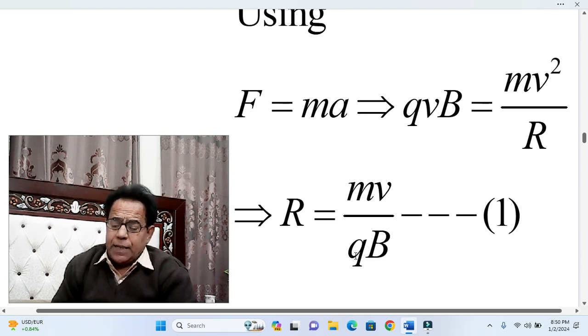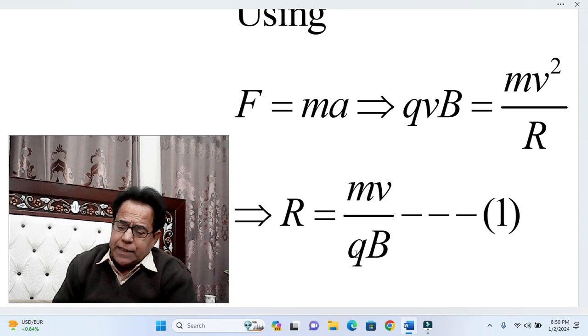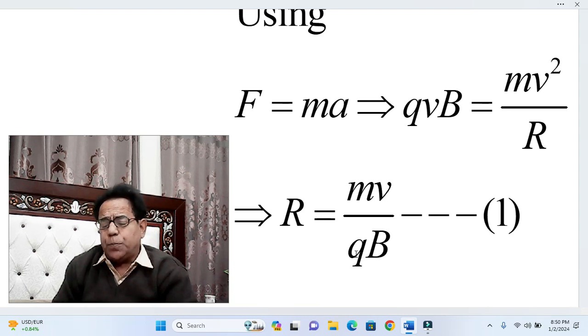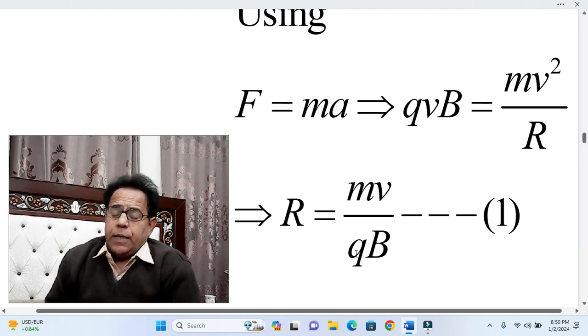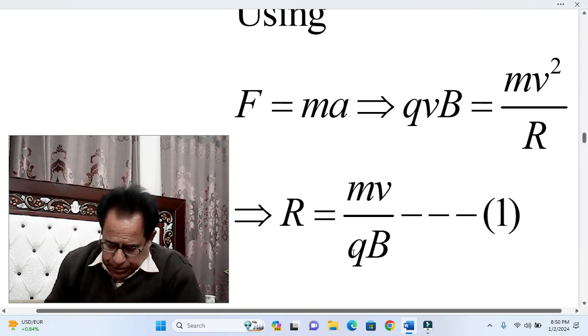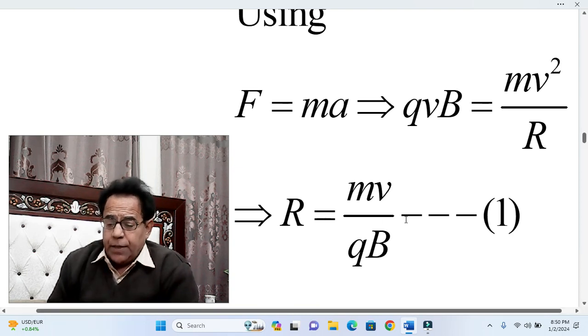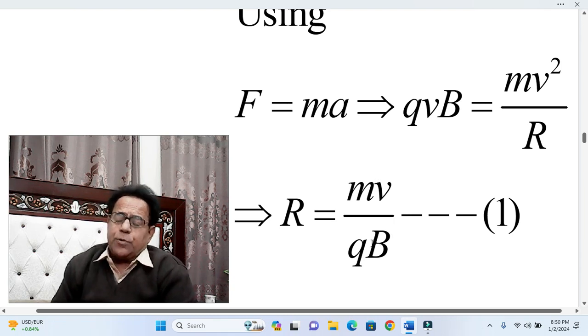Here small q is the charge. Sometimes q is also denoted by small e, the charge on an electron as well as charge on proton. We know that charge on electron and charge on proton are equal, but of opposite sign. Capital B is given in the statement, V is also given in the statement.